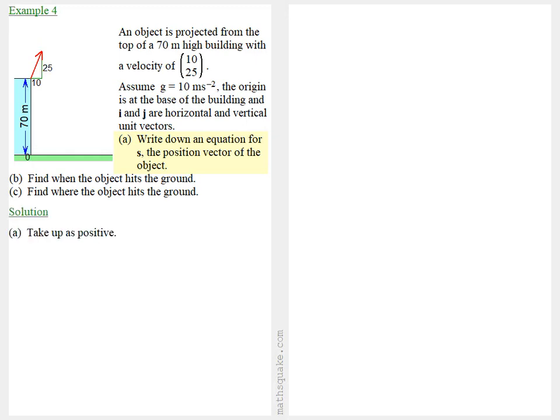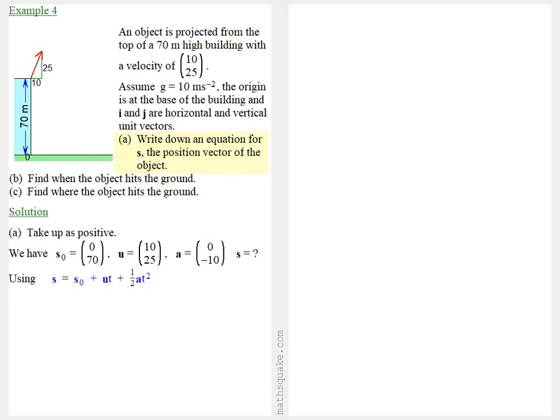Well, let's take up as positive, and then the first thing that we notice is the object does not start at the origin. It starts at (0, 70). So, we're given S0, the starting position, which is (0, 70), u, the initial velocity, which is (10, 25), the acceleration, (0, minus 10), and we're trying to find s for a given time t.